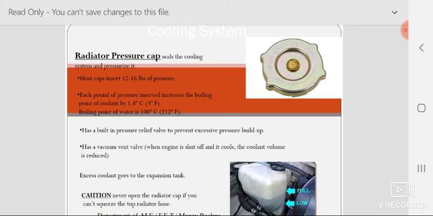It is a very hot fluid. Whenever the fluid gets heated up, its volume increases. Radiator volume is fixed, so where will the extra volume go? For that, an extra tank is given. That is the expansion tank connected to it. So the extra volume will go to the expansion tank.